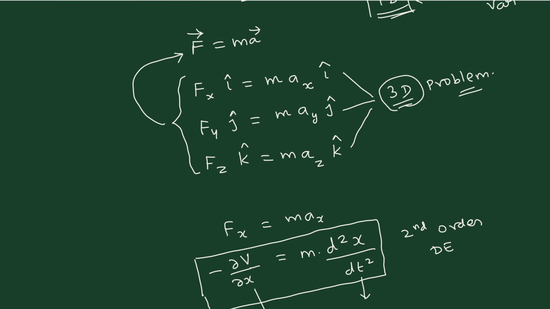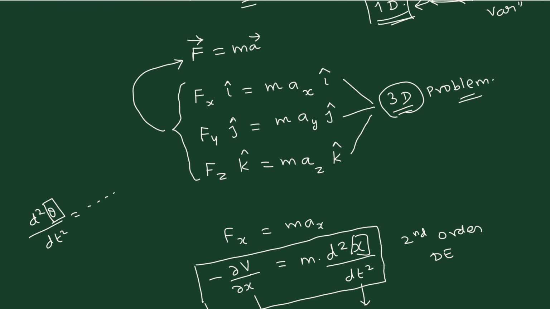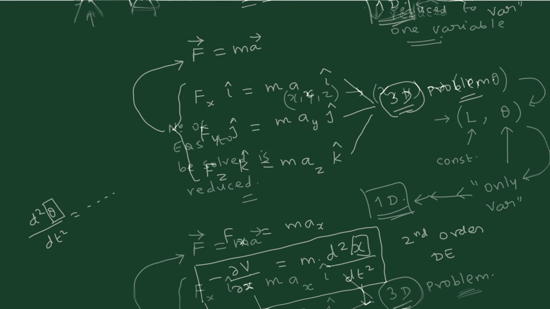Even that solving is not an easy thing, that I will tell later. But for the time being, I will tell you that for the case of the simple pendulum, we will be having d square theta by dt square equal to something. So you see that this particular x, for the case of the simple pendulum, happens to be theta. And the reason is, as I have just explained, you are basically converting.